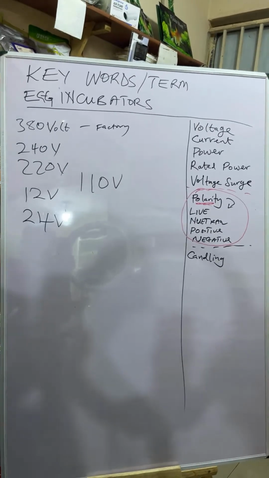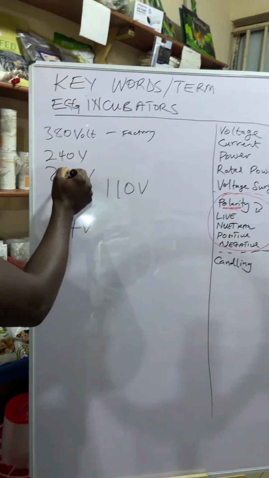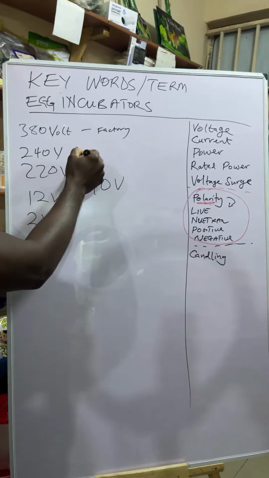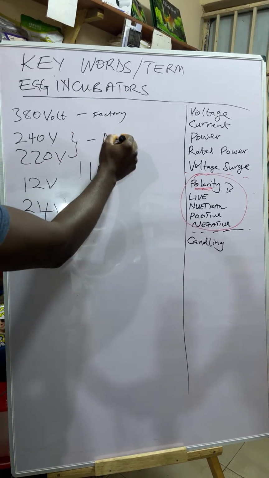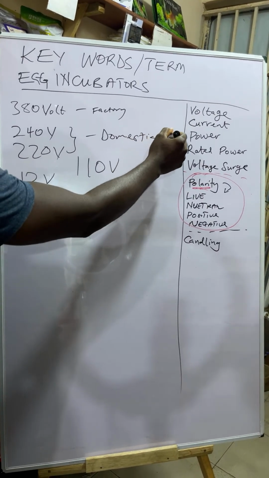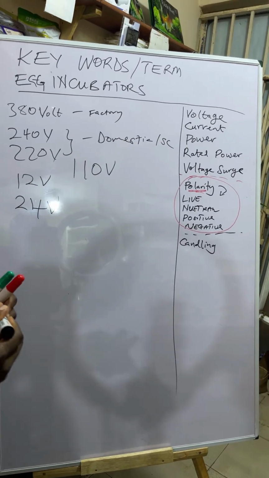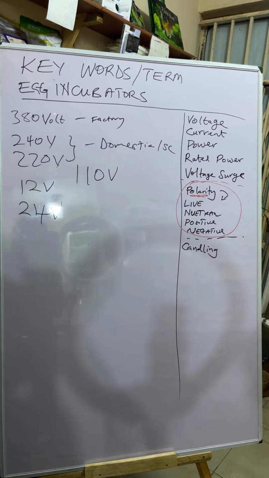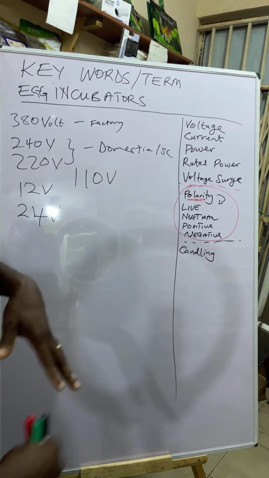Then in Ghana, 220 volts, 240 volts are for domestic and small scale. Domestic is a normal house.